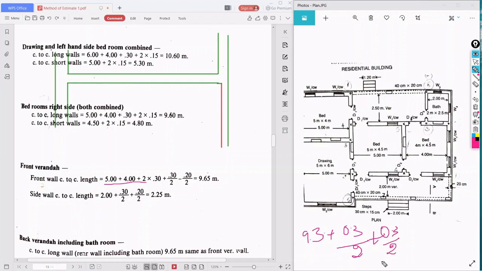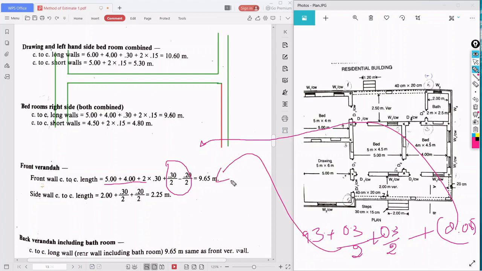It becomes 9.6. Plus we need the distance of this one, 0.3 by 2 minus 0.2 by 2, that is 0.05. So we get the answer 9.65. So the center to center length of the front veranda is 9.65.